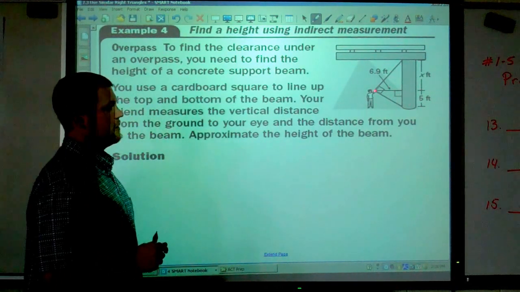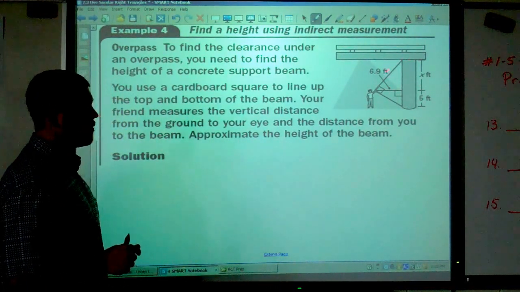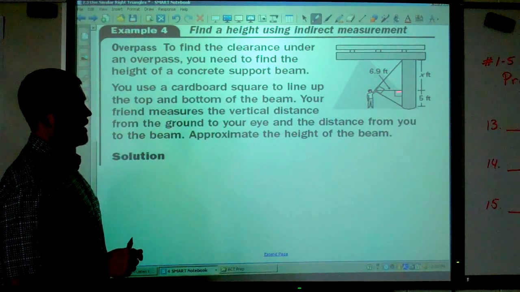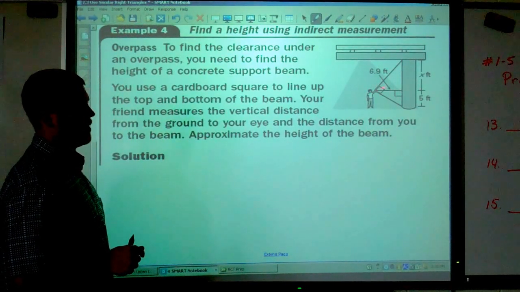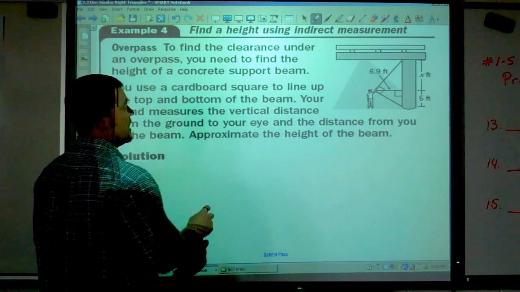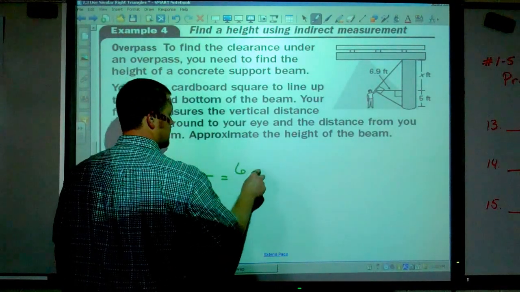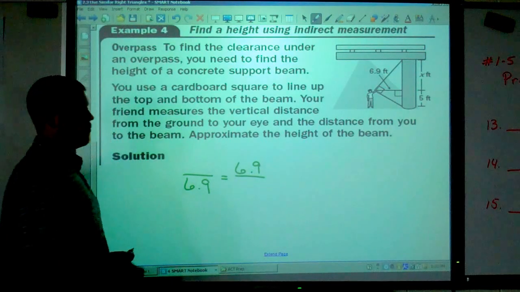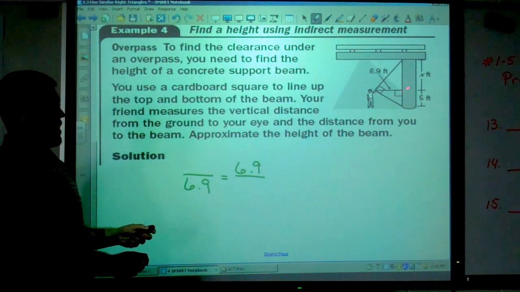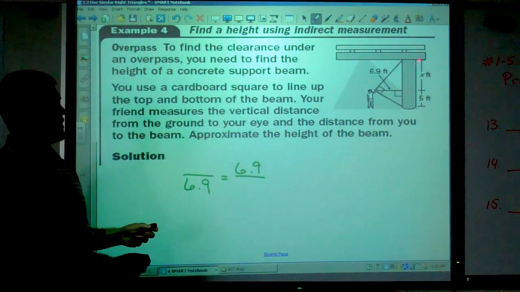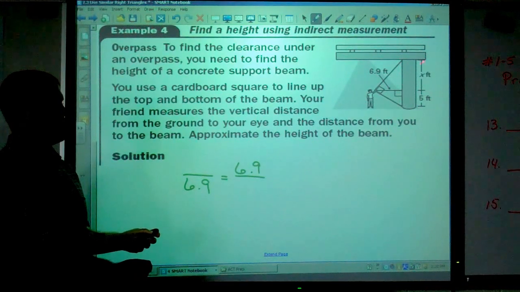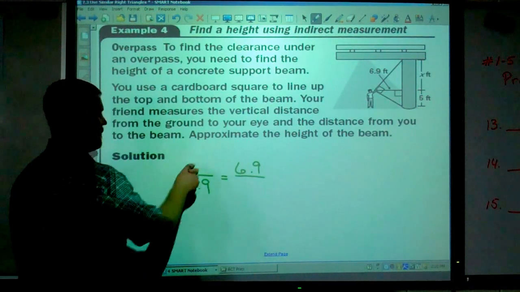So, what do we have here? We know that 6.9 is an altitude, all right? That's a distance from you to the beam, and that's your line of sight, which is perpendicular to the beam, all right? It is an altitude, so that means it's the geometric mean of what? Well, it's the one that intersects the hypotenuse, which is the beam. It is the geometric mean of those two pieces, so x and 5.